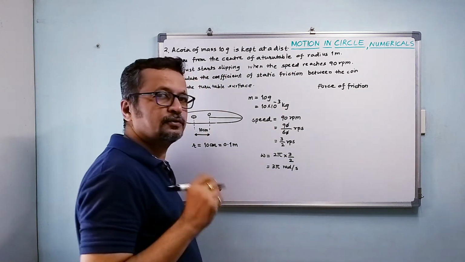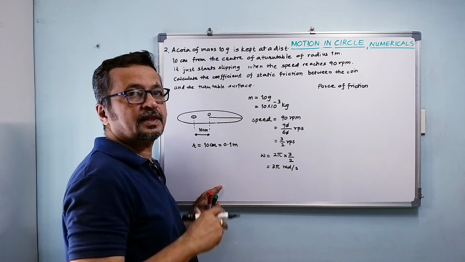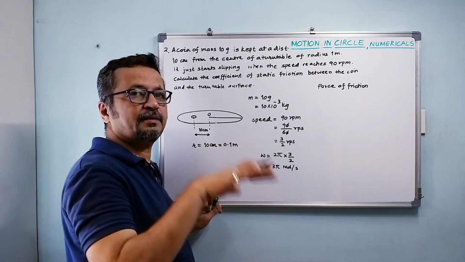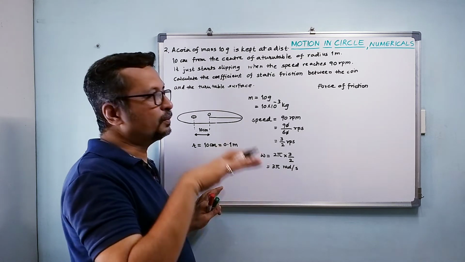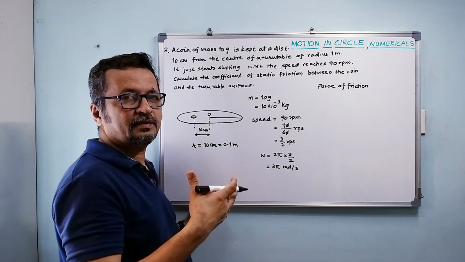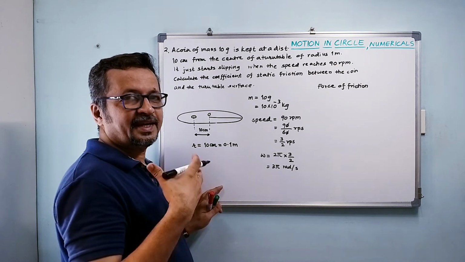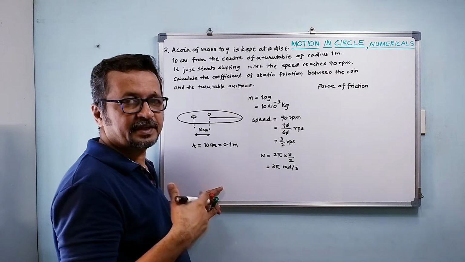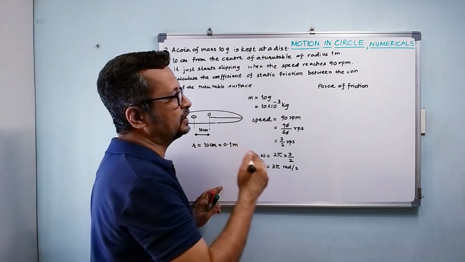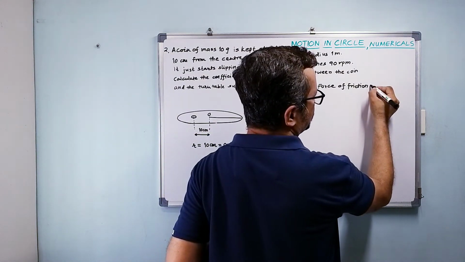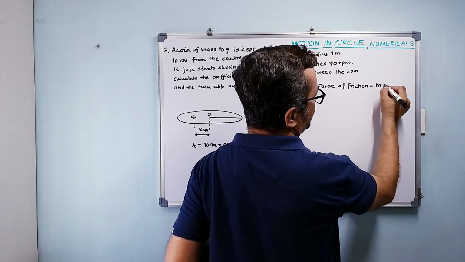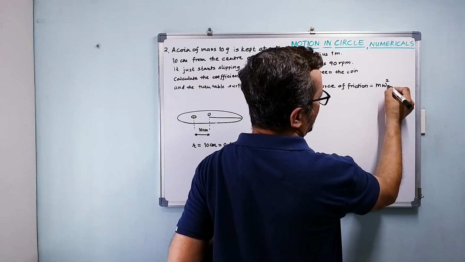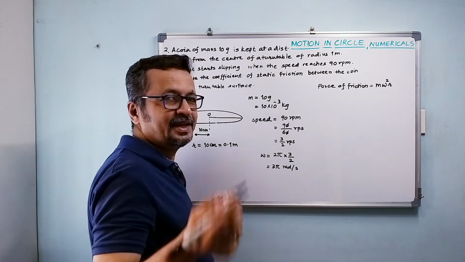See, as long as force of friction is equal to centripetal force, it will remain there. But the moment your centripetal force starts exceeding the limiting force of static friction, it is going to slip. So we are just taking the limiting condition. Force of friction is equal to m omega square r. We are just going to equate that.